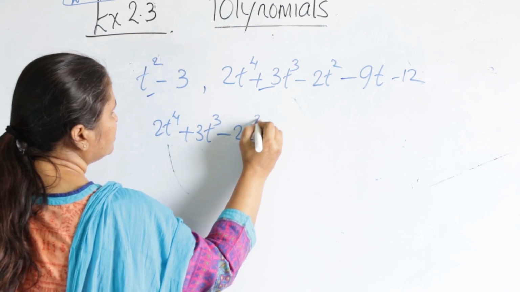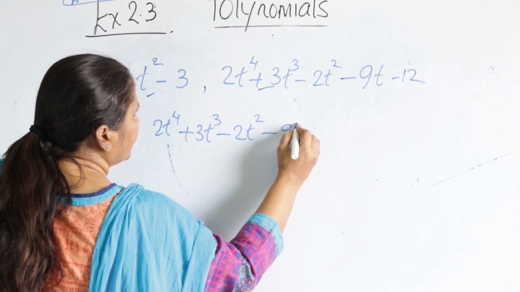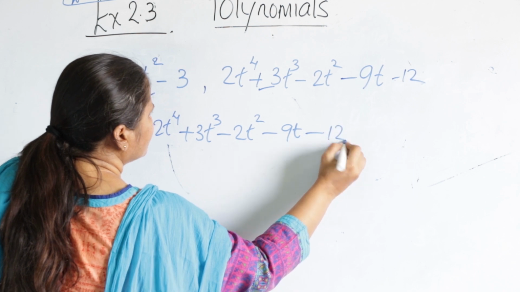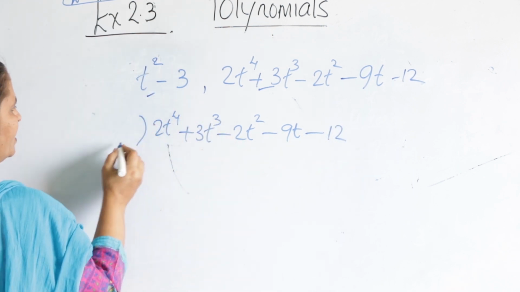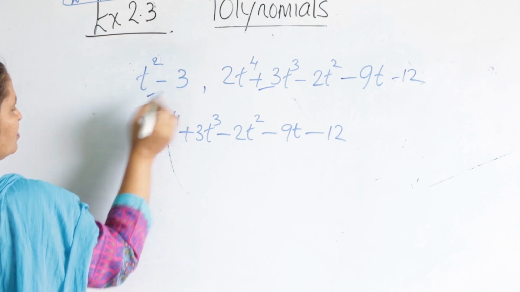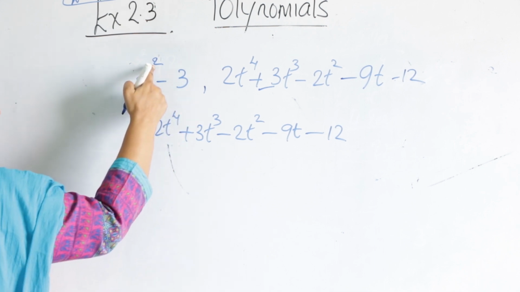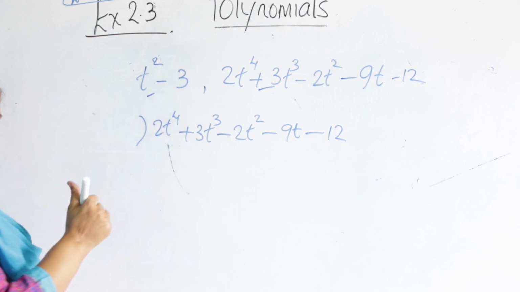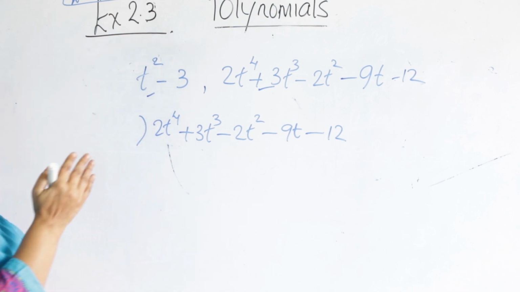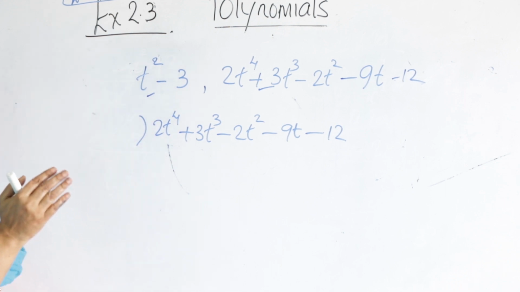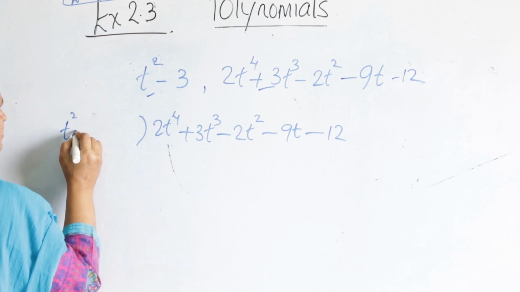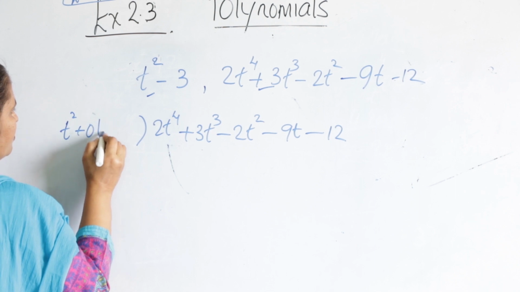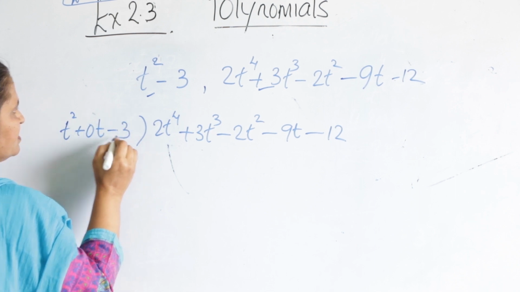Just write your second polynomial. See, it could be t, x, y, whatever it is. The variable can be anything. Now here, what is the thumb rule? There is t raised to 2. Where is t raised to 1? It is not there. So what are we supposed to do? Write it with 0. So I will rewrite it as t square plus 0t minus 3.